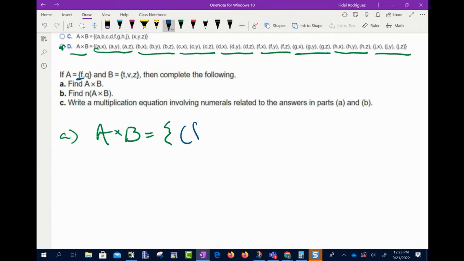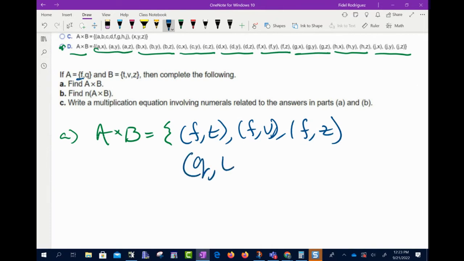So we're going to say, look, F and T, F and V, F and Z. And we're not done yet. We're going to do the same thing with Q. Q and T, Q and V, Q and Z, right? So there's my cross product, okay?